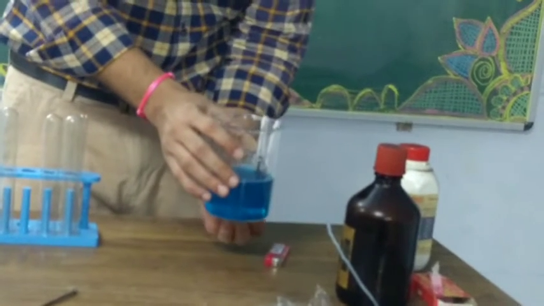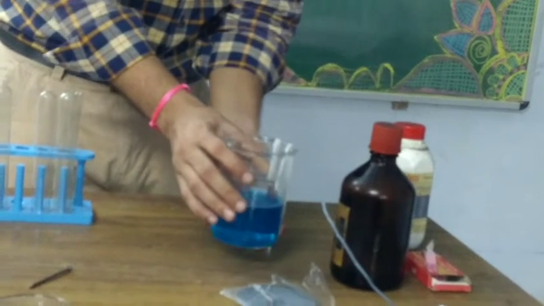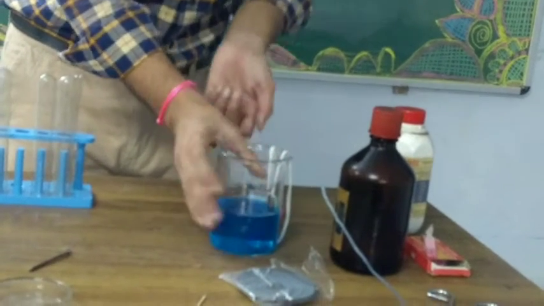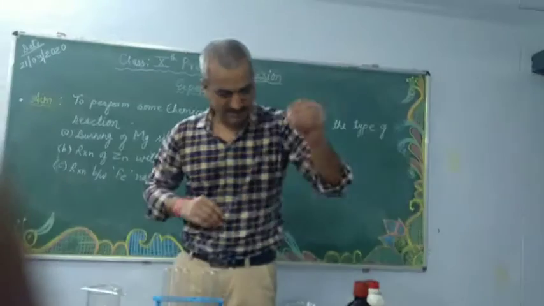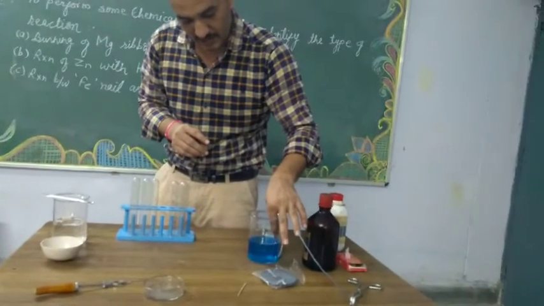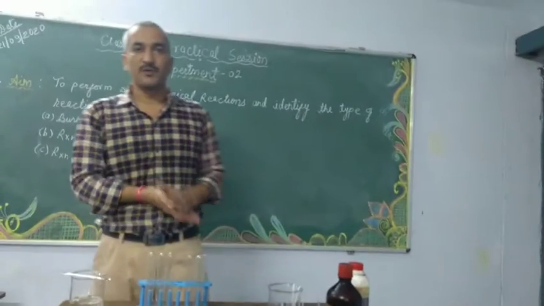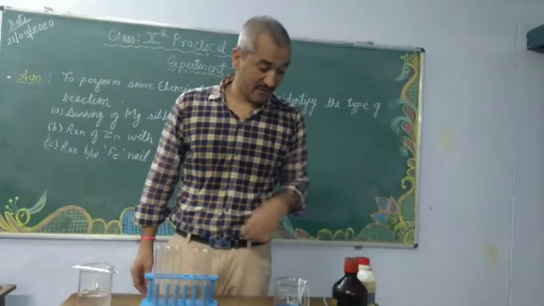The reaction will take some time, so I will leave it for about 15 minutes. I have one more nail, which is also dipped inside it. So 3 nails I have put inside the solution, and let's see what will happen.